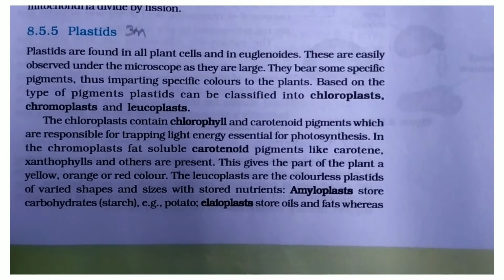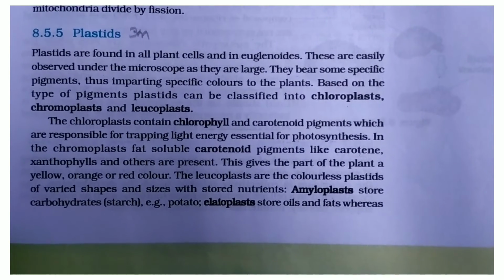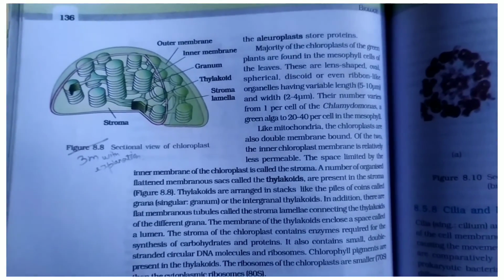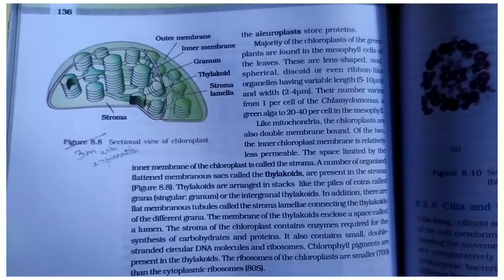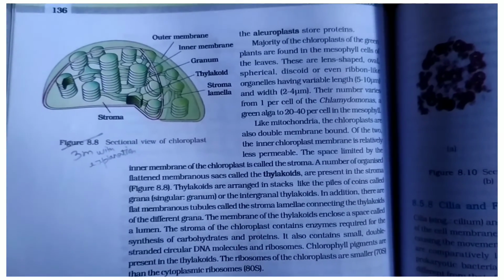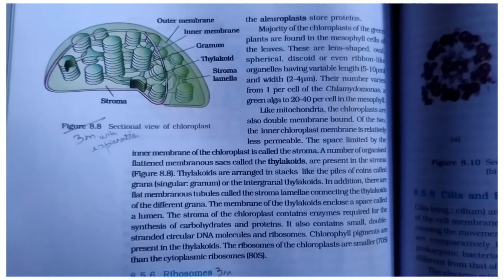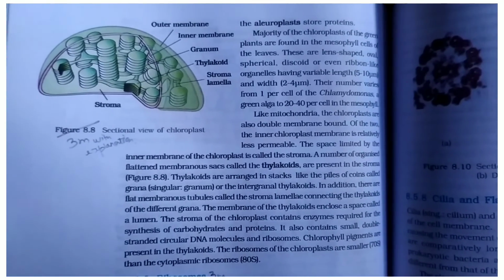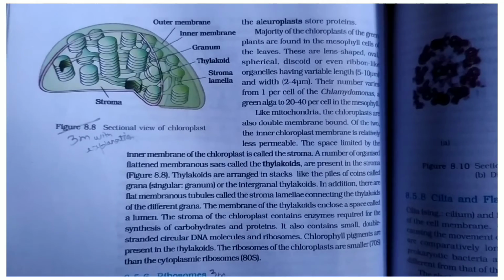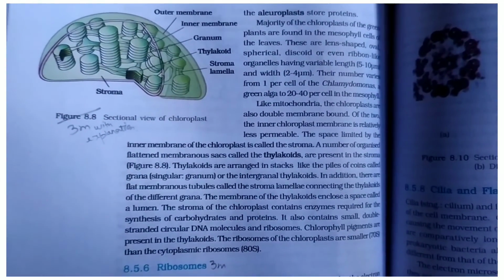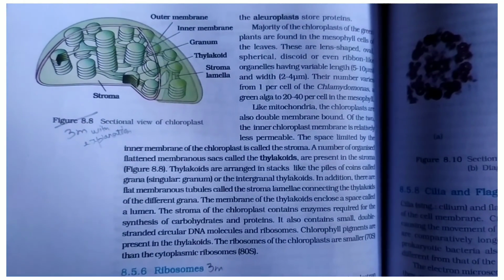They store carbohydrates such as starch, for example in potato. Then elaioplasts, they store oils and fats. Aleuroplasts are another type of leucoplast which store proteins. So the leucoplasts, which are colorless plastids, consist of amyloplasts, elaioplasts, and aleuroplasts.